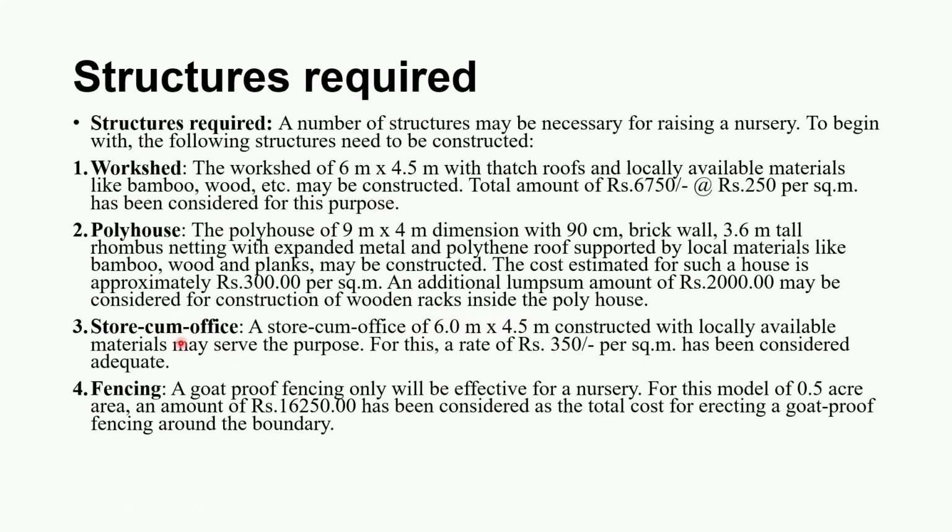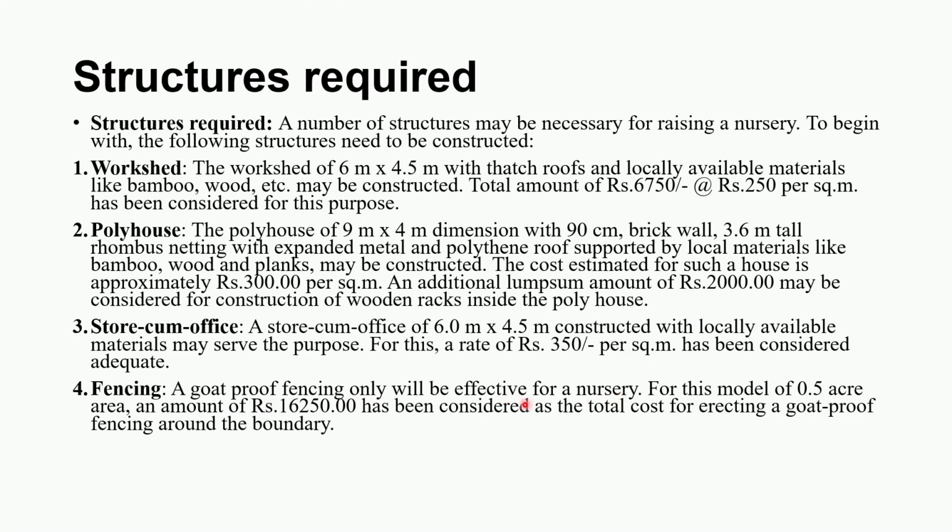And the store cum office has dimensions of 6 meters by 2.5 meters, and it costs 350 rupees per square meter. And for fencing, goat proof fencing will be effective for the nursery.